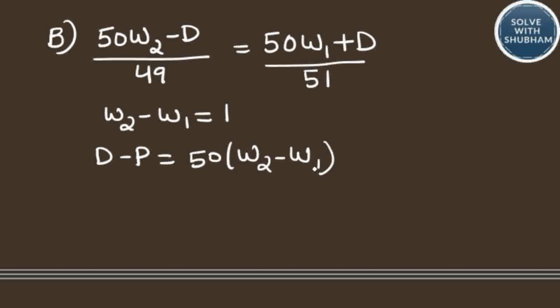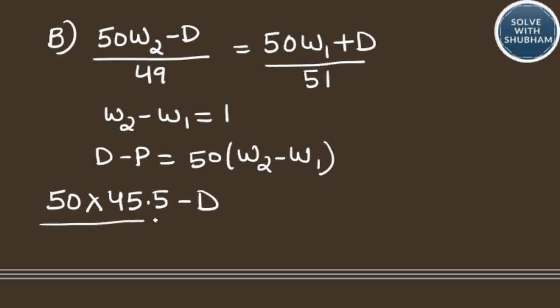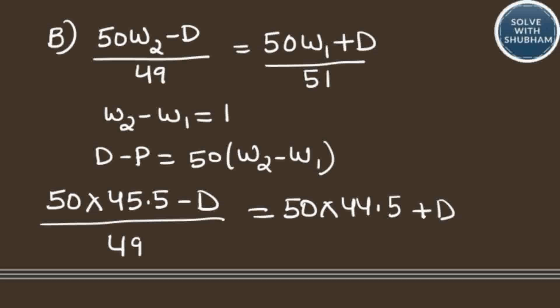So now, according to statement A, we have found W2 and W1 values, right? So 50 into 45.5 minus D by 49 is equal to 50 into 44.5 plus D by 51. It looks like very complicated numbers, but when you solve it, you will get the D value, and then D minus P is 50 anyways, so you can find the P value.